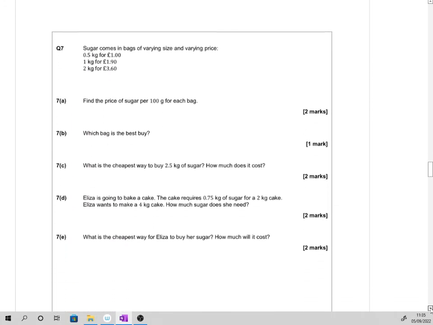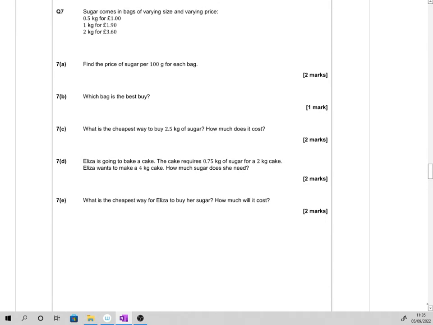Okay. Sugar comes in bags of various sizes. Find the price of sugar per 100 grams for each bag. So these are the 3 different bags, are they?